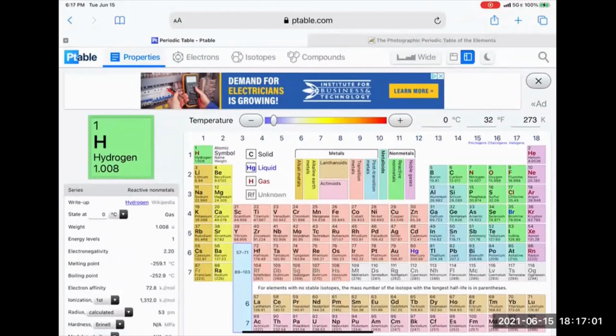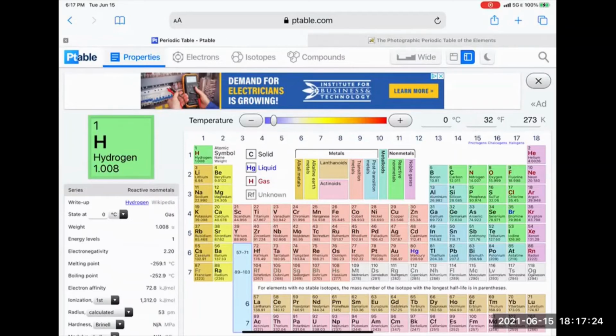What you see in the periodic table, like this one we talked about in your handouts, is the arrangement of elements as they are found in nature. This information is about the elements. An element is made up of only one type of particle, and those particles are called atoms.